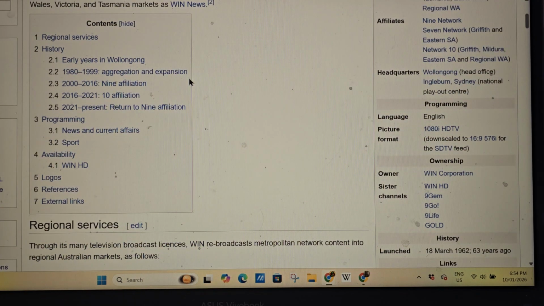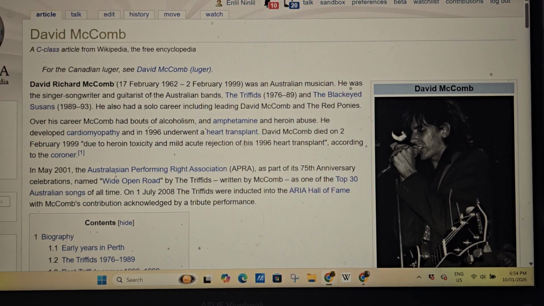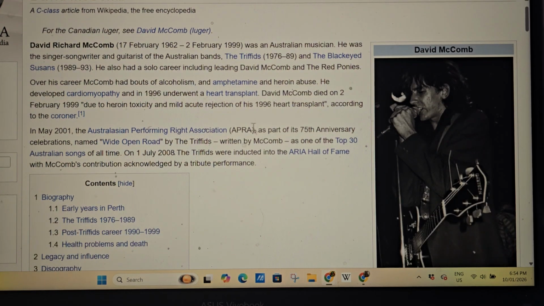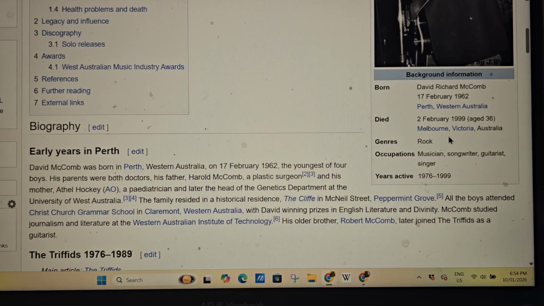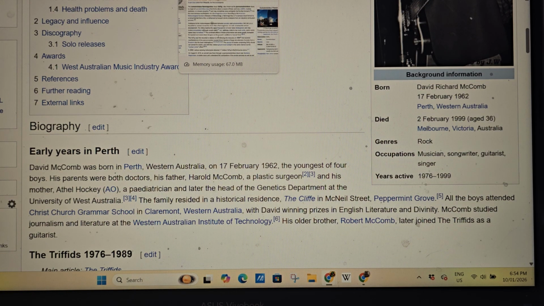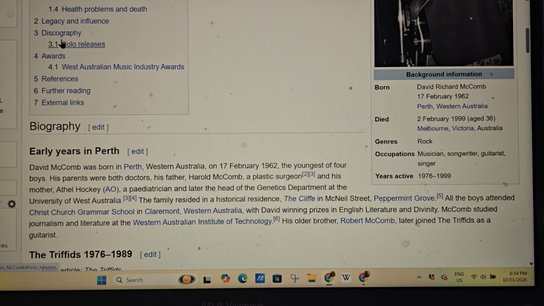Okay, it's founded. David was an Australian musician. He was a singer-songwriter, the Triffids. I've heard of them. Black Eyed Susans. Okay, so you might actually know. He passed away in Melbourne, where I am now. 36. Oh, that's really too young to die.